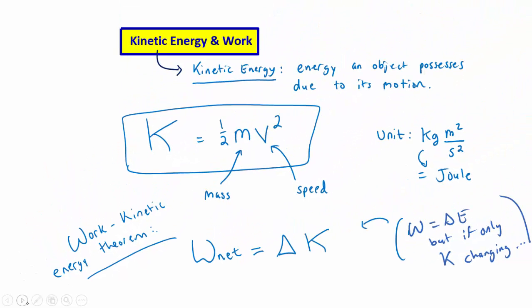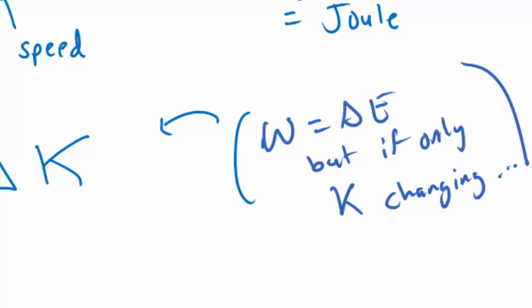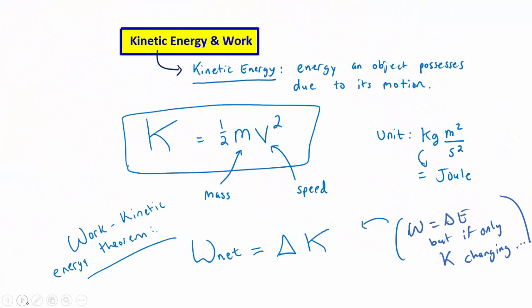Now our textbook actually takes a broader look at it, and it says that the work done on an object is just the change in energy in general. However, if only the kinetic energy is changing, the gravitational is the same, elastic's the same, all other energies are staying the same, then the work done on an object would be equal to just its change in kinetic energy. And AP questions in the past have used this approach to problems, so I put that in there.